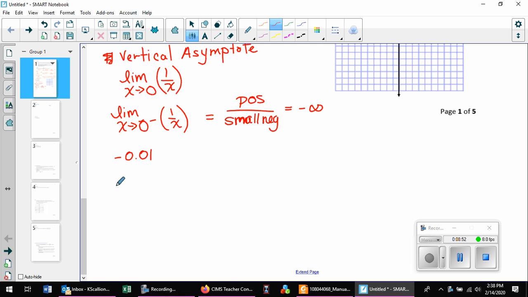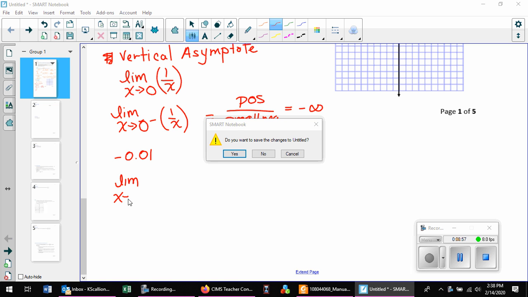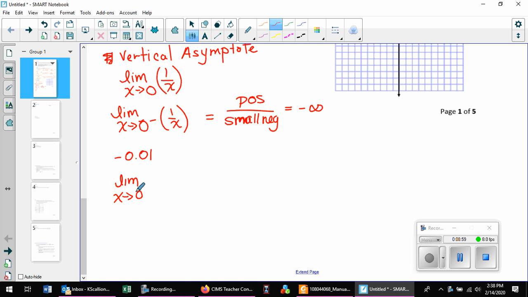Okay, and then if we approach 0 from the right-hand side, what's the value? Okay, there you go. Still a positive on top, but now it's a small positive on the bottom.